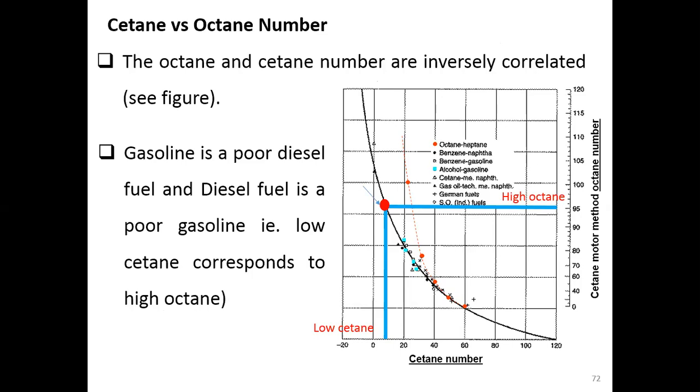Gasoline is a poor diesel fuel, and diesel is a poor gasoline. So a low cetane number corresponds to a high octane number. If you want to use diesel fuel in your gasoline engine, you have to go for a low cetane number, which I think is not available in the market.